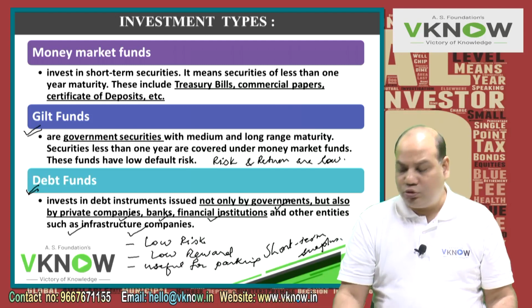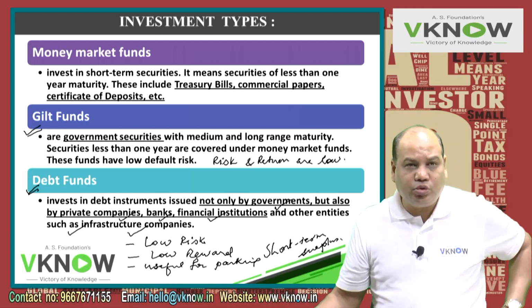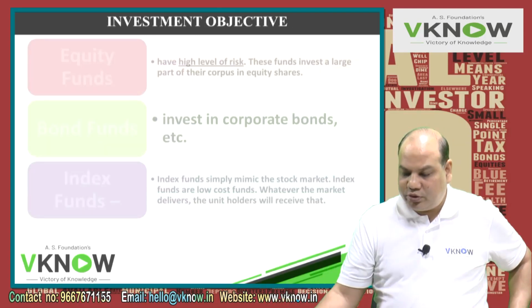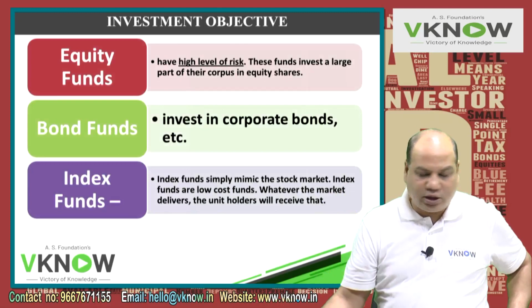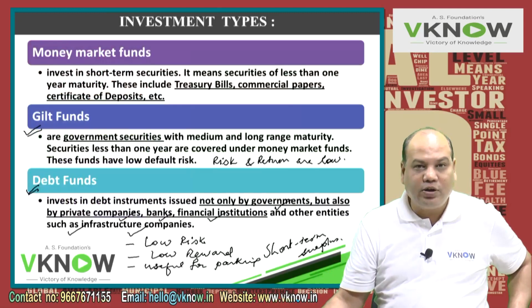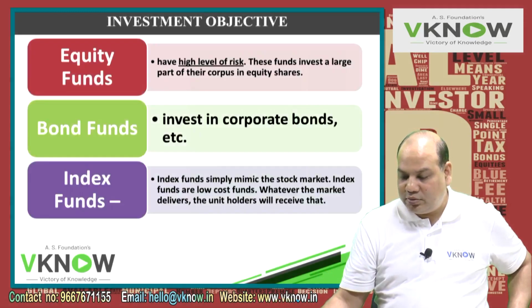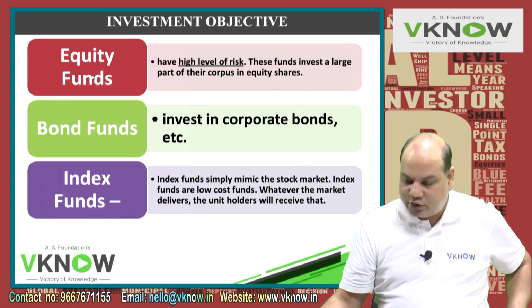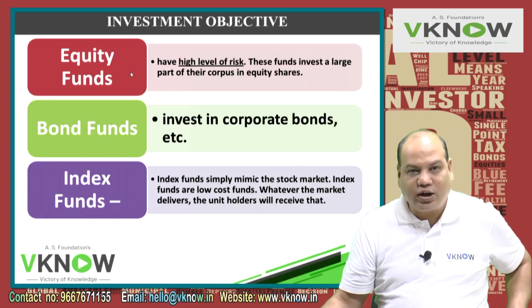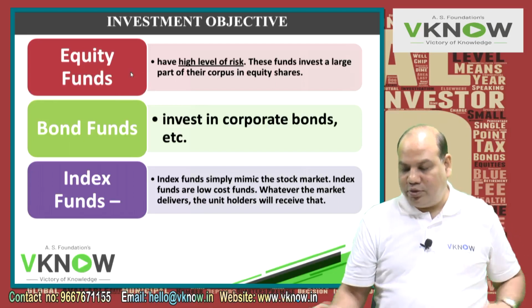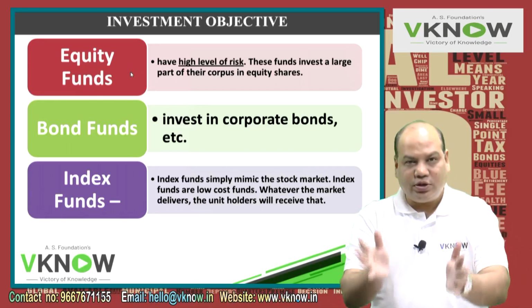So those investors who have temporary surplus or those who don't want to take risk, they can invest in either money market fund, gilt fund, debt fund. Now, if the investor wants to take risk, he can invest in equity funds. These are high risk, high reward mutual funds. Risk is high because they invest in equity.